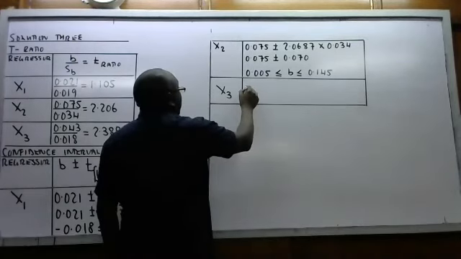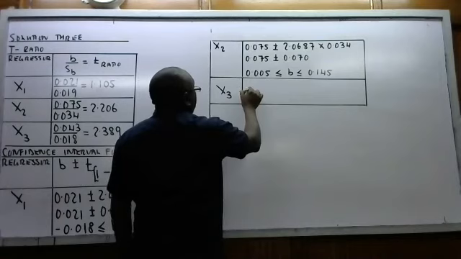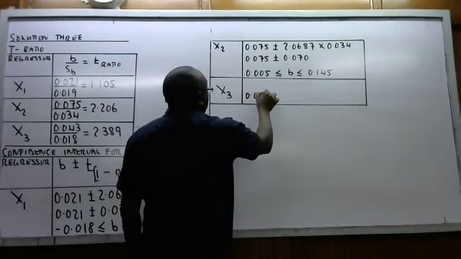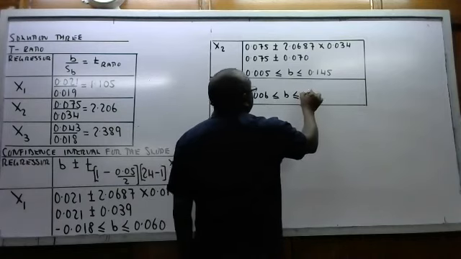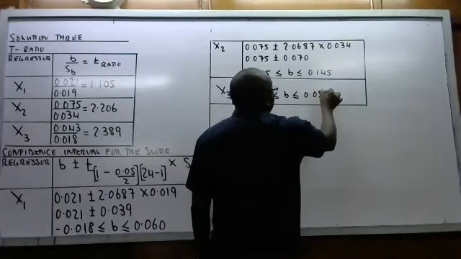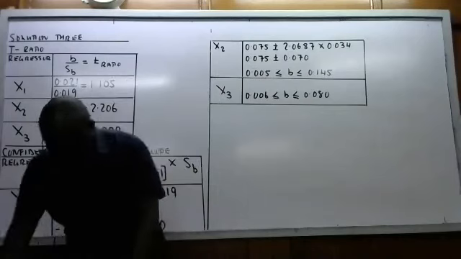On the lower side you got 0.006, and on the upper side, okay.